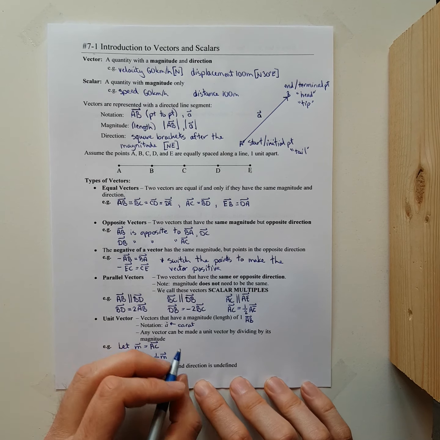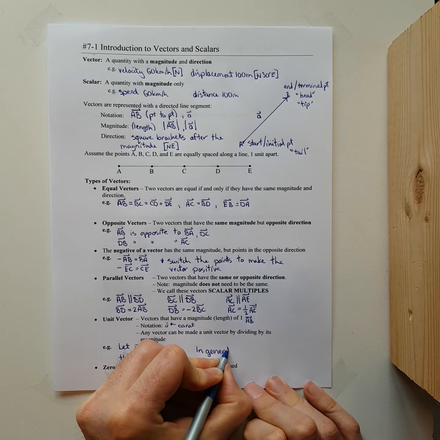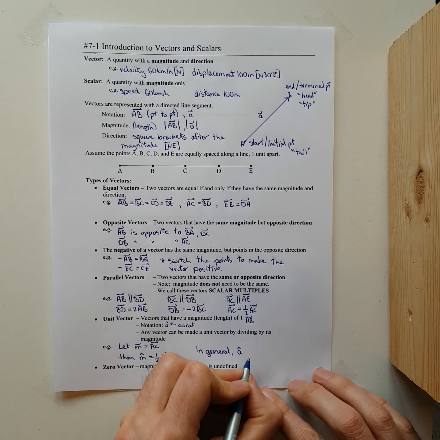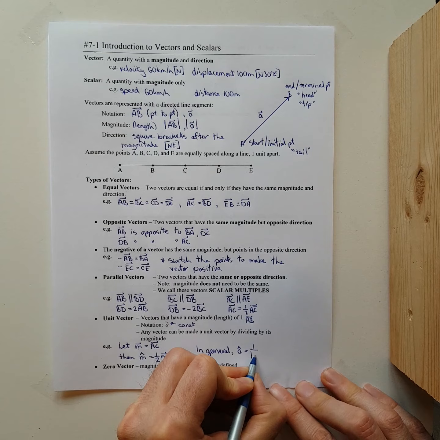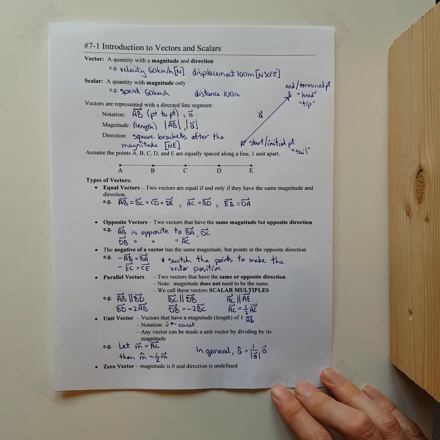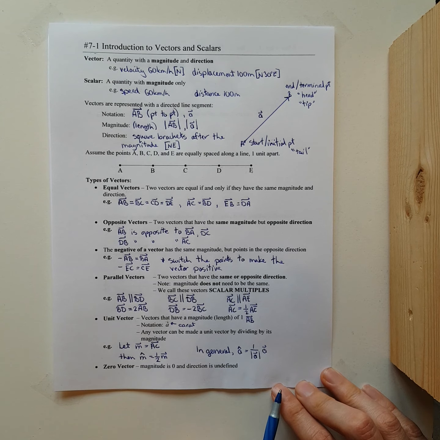In general, we can say any vector A can be turned into a unit vector A if I just multiply by whatever that magnitude is. So take vector A and multiply it by 1 over its magnitude, and that will create a unit vector just as we did here.